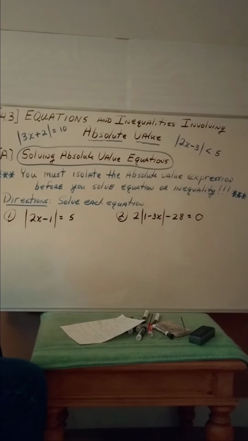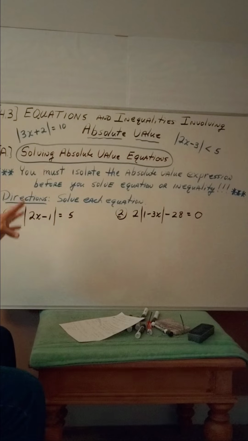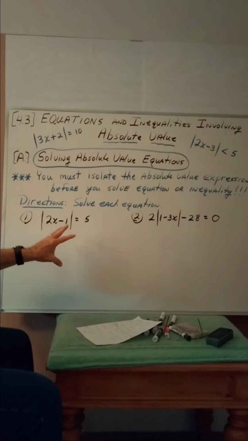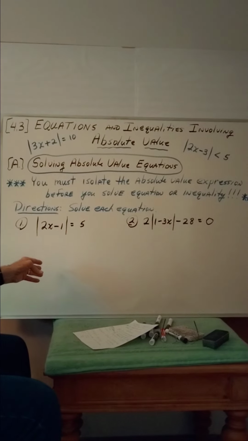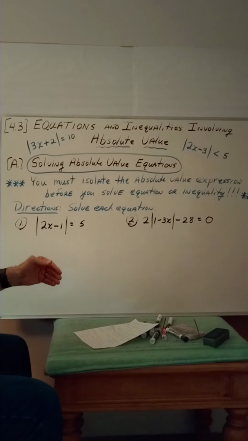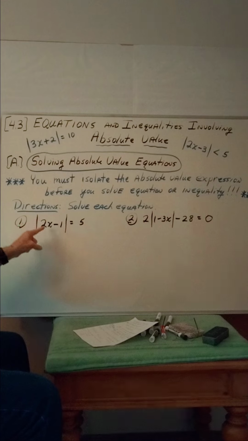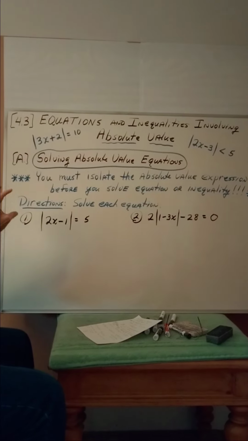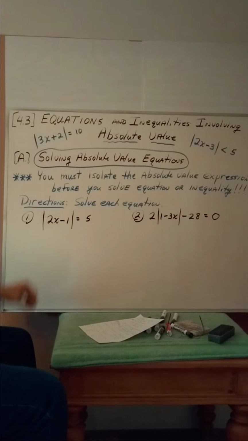In other words, before you actually turn your attention to solving either the absolute value equation or the absolute value inequality, the absolute value expression must be completely isolated on one side.